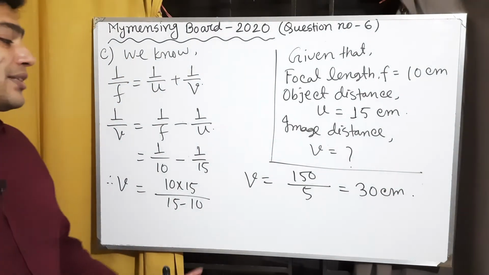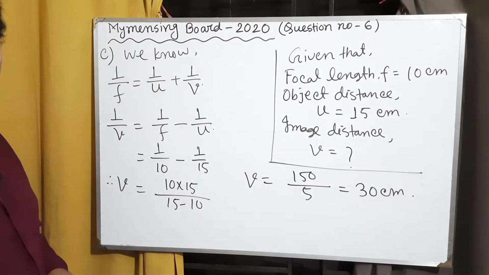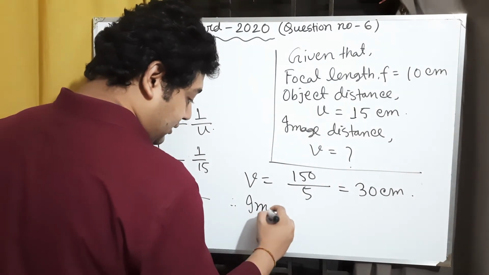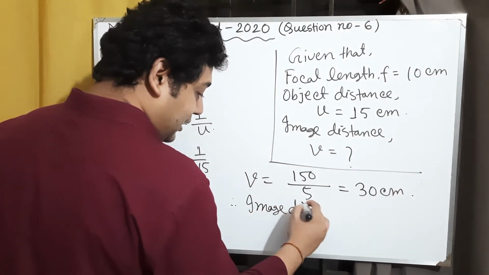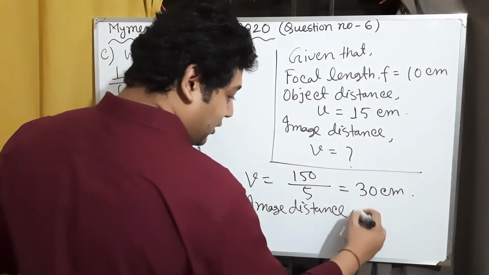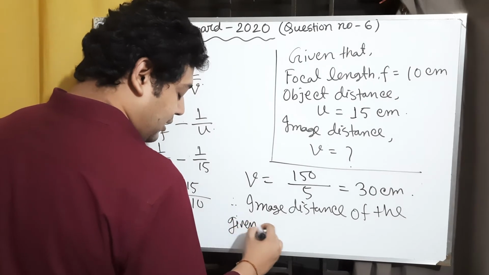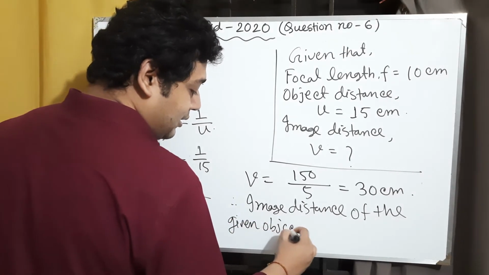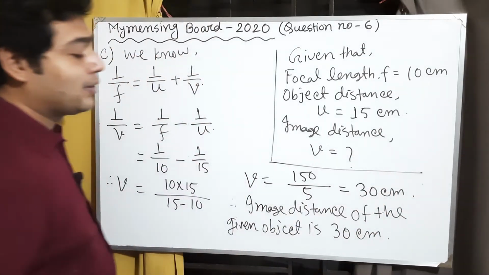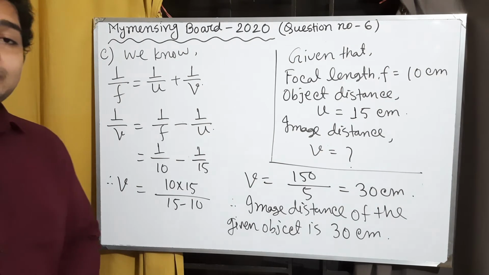Therefore the image distance of the given object is 30 centimeter. Boys, this is our answer for question number C.